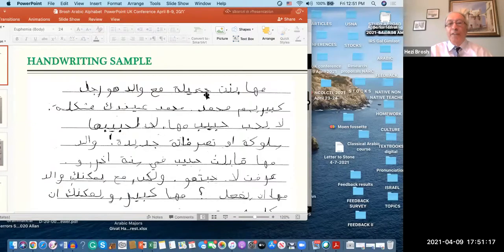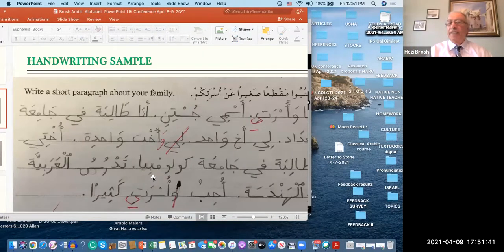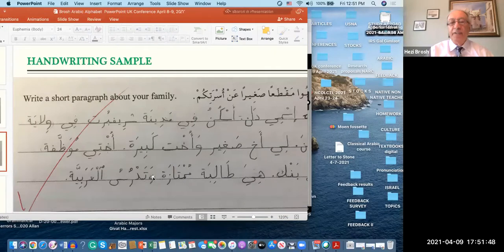Jamila, look what happened here. The ha, just imitating the print. They have no idea of what script is. Look at Mushkila, exactly the print. Exactly the print. All right? Maha, you see Maha. Okay, so now you know the book. All right, so look at this handwriting. And look, another handwriting of another student.